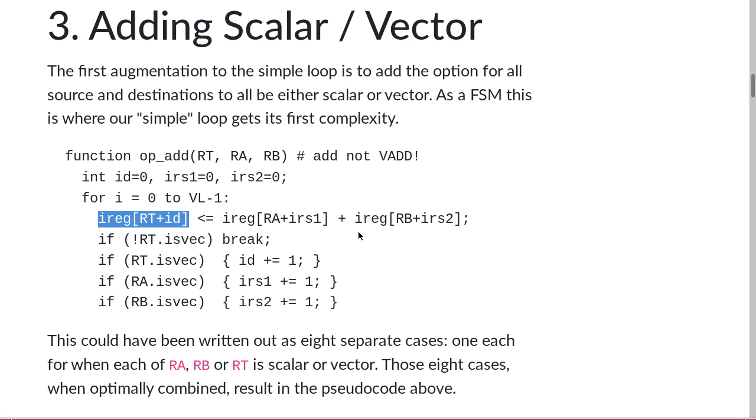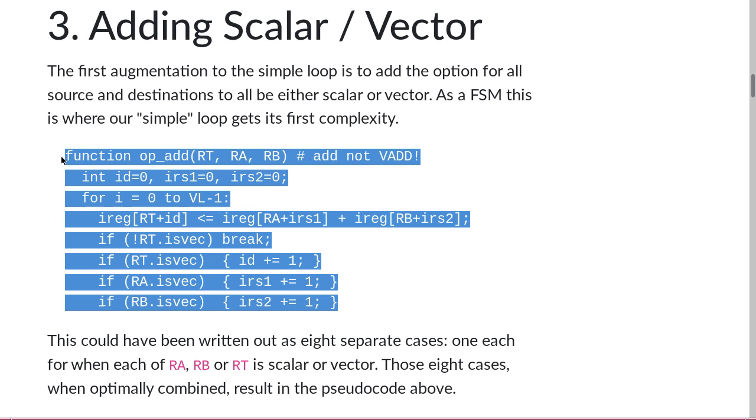I could have written this out as 8 separate cases of pseudocode: vector, vector, vector; vector, vector, scalar; vector, scalar, scalar; and so on. You get the idea. There are 8 cases because there are 3 registers. When you combine those in pseudocode form optimally, it results in this.